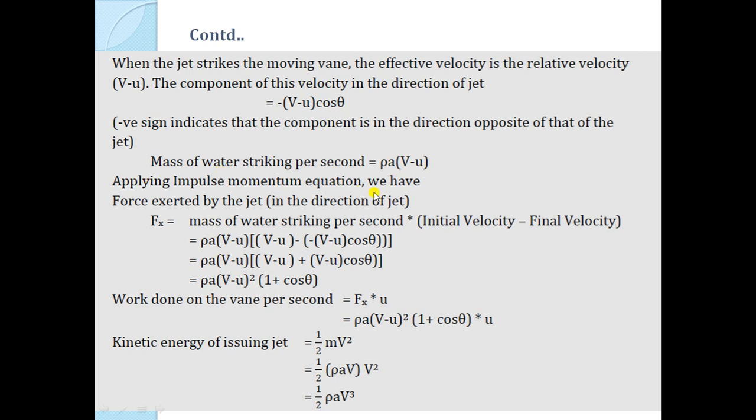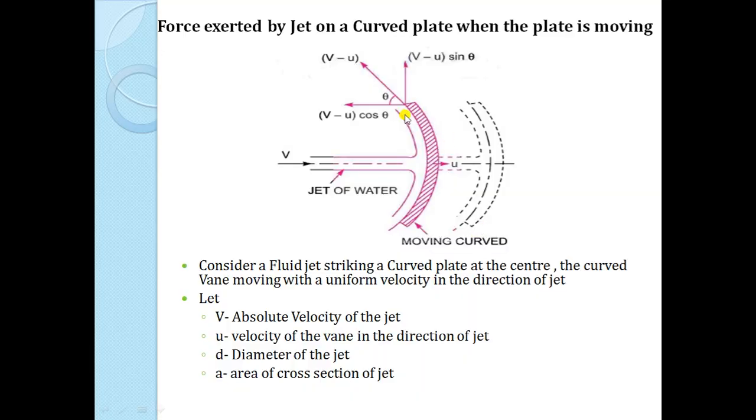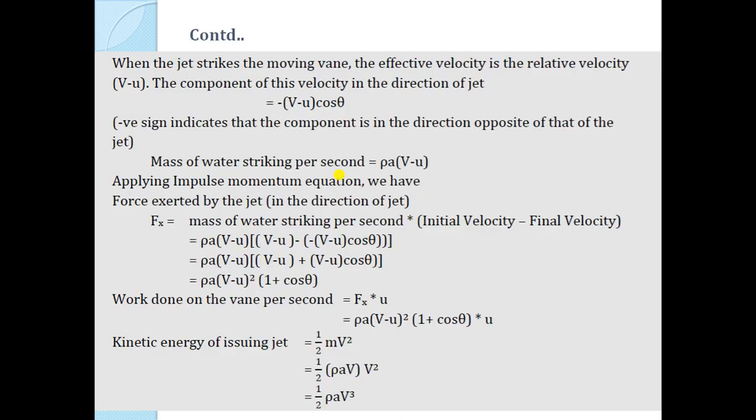So if we apply the impulse momentum equation, the force exerted by the jet in the direction of the jet will be Fx. Fx is given by mass of water striking per second into initial velocity minus final velocity. So mass of water striking per second is rho A into (V minus U). The initial velocity with which the jet strikes the vane is V minus U. The final velocity at the outlet tip is V minus U, and we need the component in the direction of the jet, which is (V minus U) cos theta, but with a negative sign.